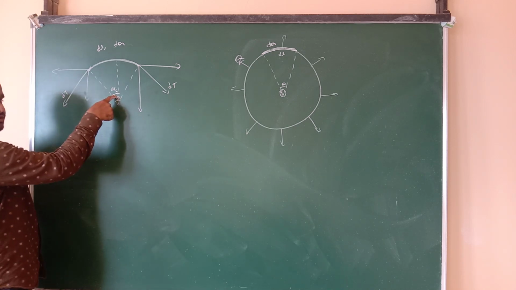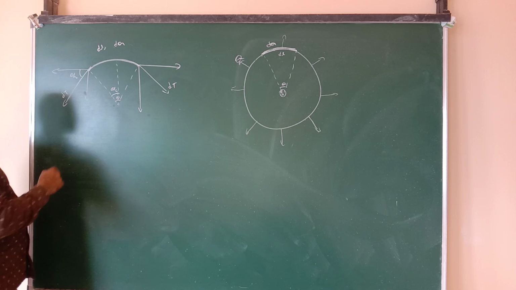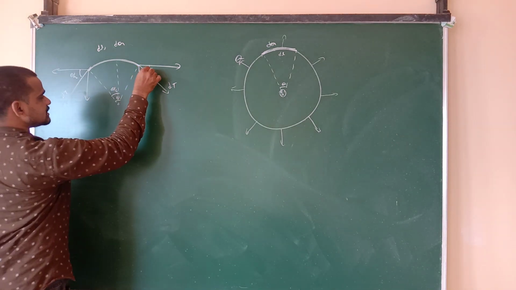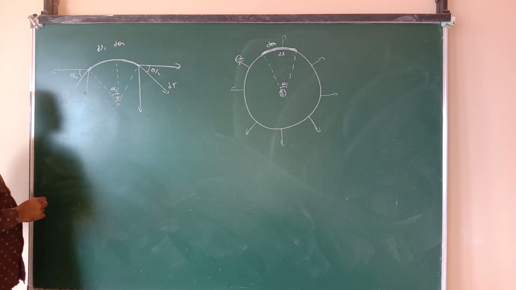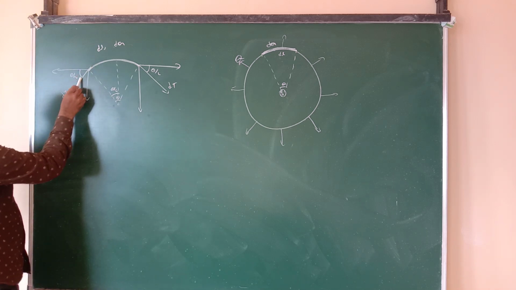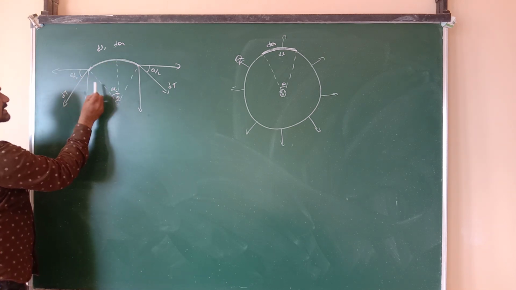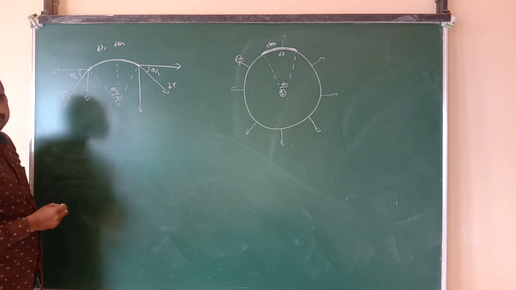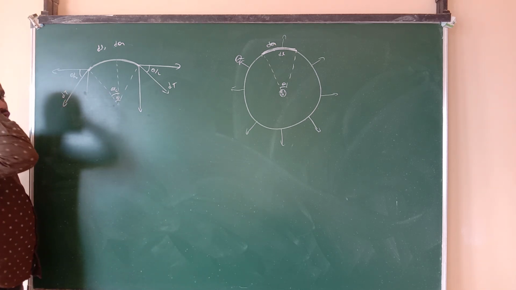If this is theta by 2, this is also theta by 2, and this angle is also theta by 2. Why? Because for this line, this is perpendicular, and for this line, this is perpendicular. If this angle is theta, this is also theta.